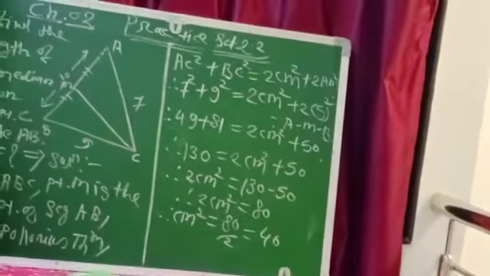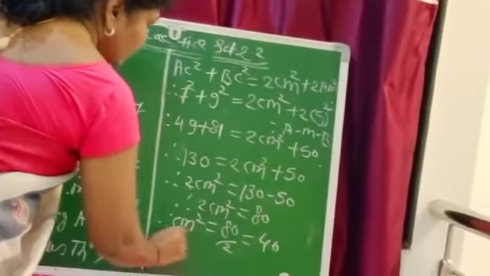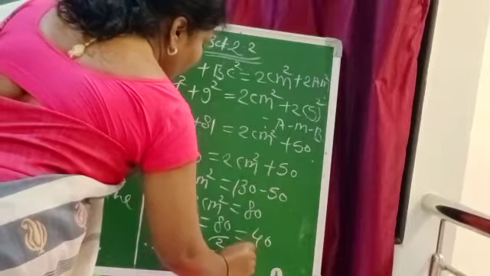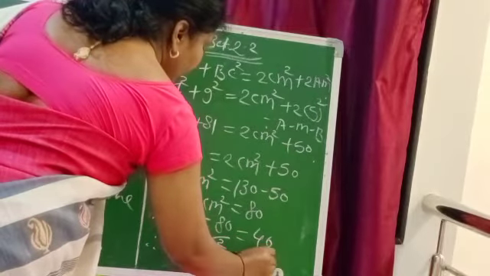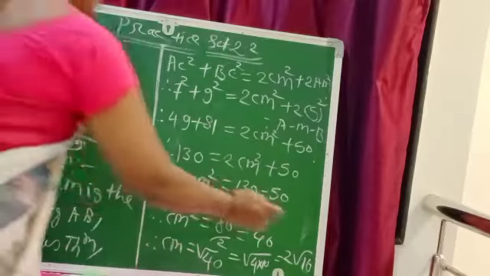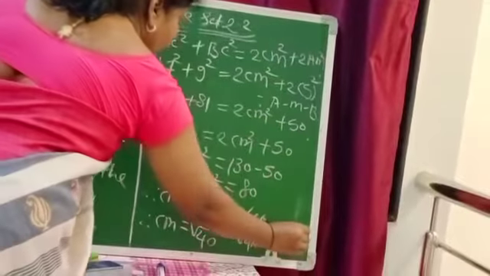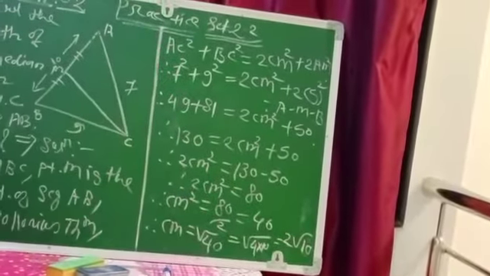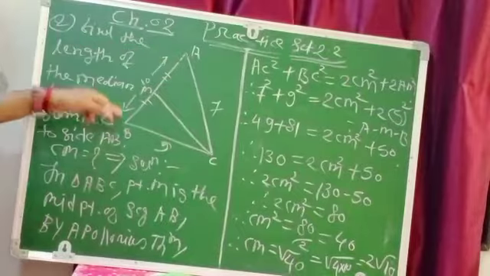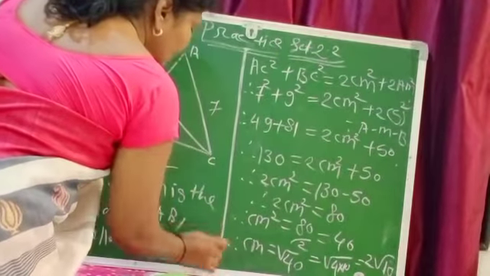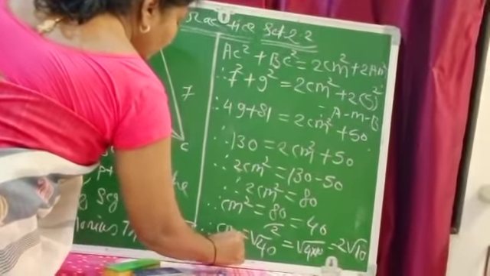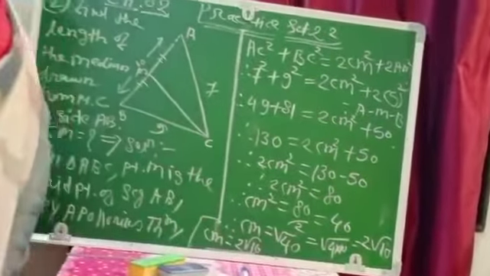Taking square root of both the sides, CM is equal to root of 40, which is 2 root 10. Therefore the length of the median drawn from point C to side AB, CM, is 2 root 10.